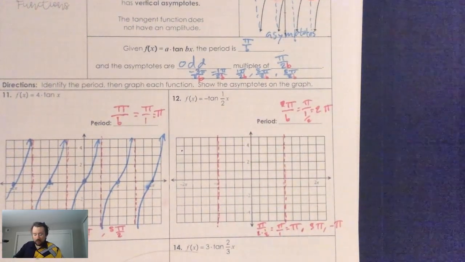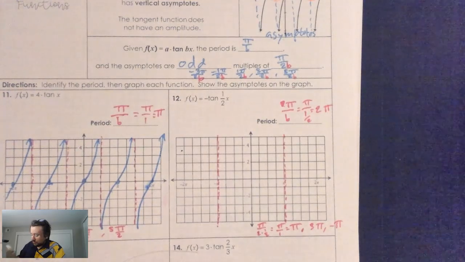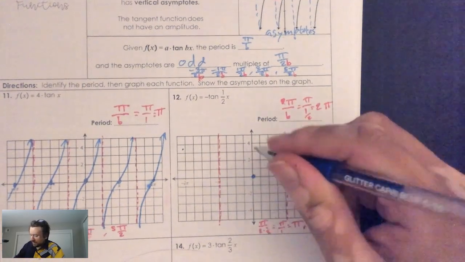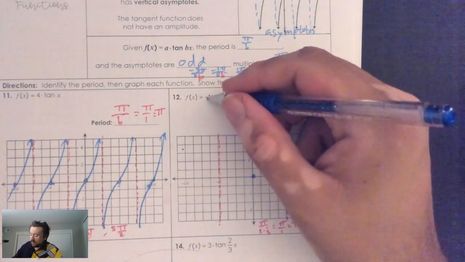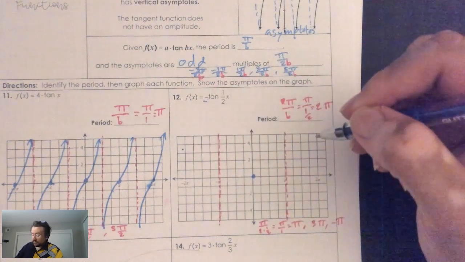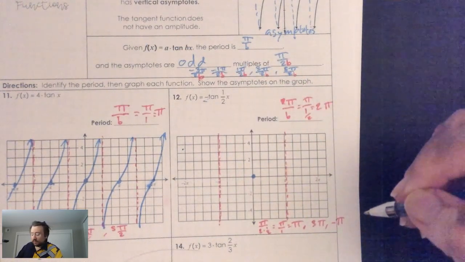And then we know it goes through the origin. But what do we do about that negative? That negative means that we're going to start out by going down now instead of going up.